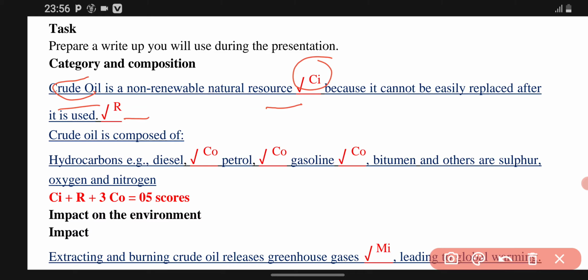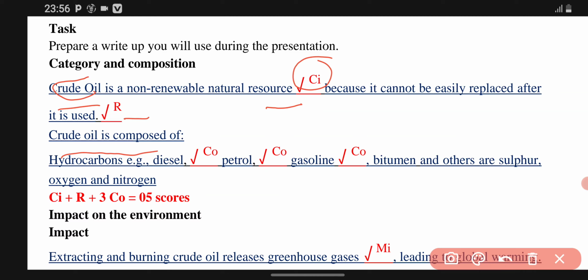Then now let's look at the other part. We are saying now the composition. We say crude oil is composed of, of course, we know, one, we have hydrocarbons. Crude oil contains hydrocarbons, e.g., diesel, petrol, the gasoline, and many others.